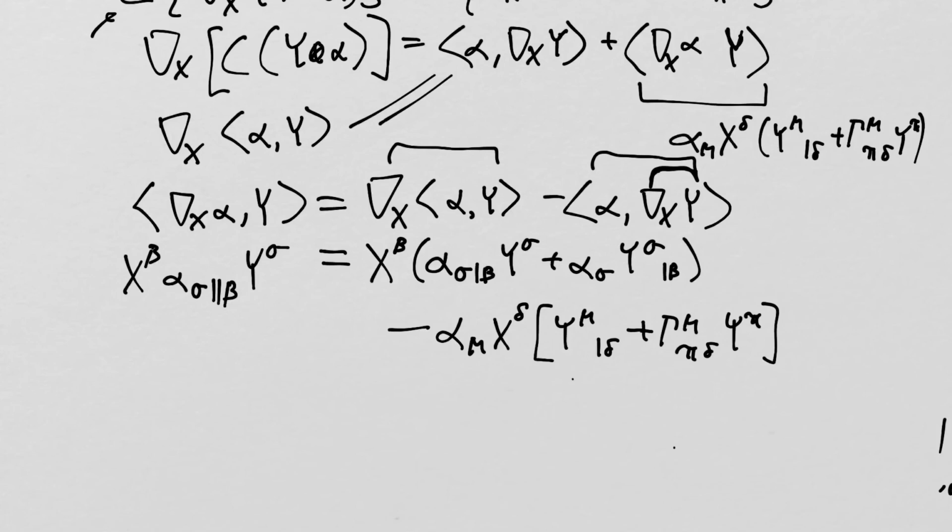So now, we're trying to solve for this guy, right? We want to know how to write that in component notation. What is that thing? So let's look over here on this side, and what I notice is I've got α_μ x^δ y^μ ∂_δ. So I have the x contracting with the delta and the mu contracting with the mu. And here I have x^β contracting with beta and α_σ contracting with y^σ.